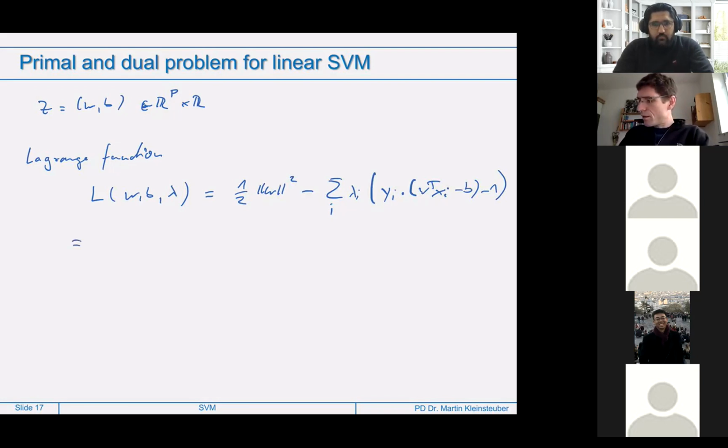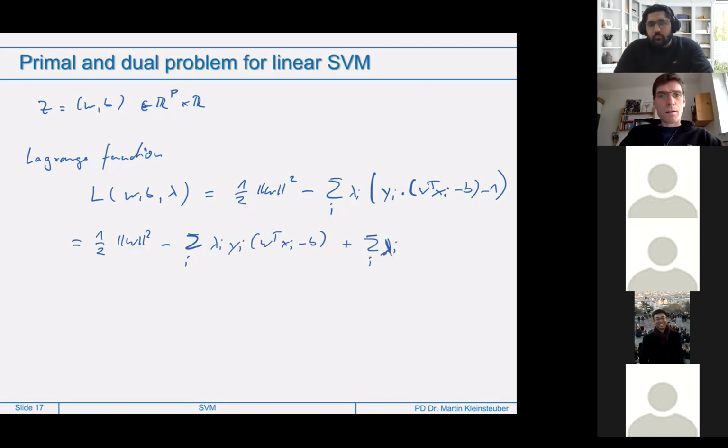And this can be written as, if I want to bring that together, sum over I, lambda I, yi times W transpose xi minus b, plus, and this here is the sum over the lambda I. Okay, just a manipulated form here.